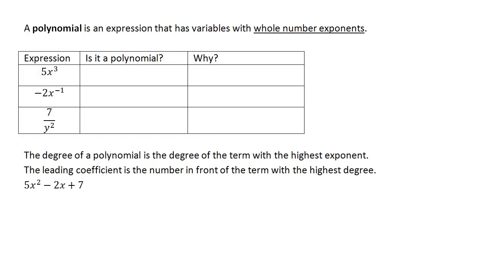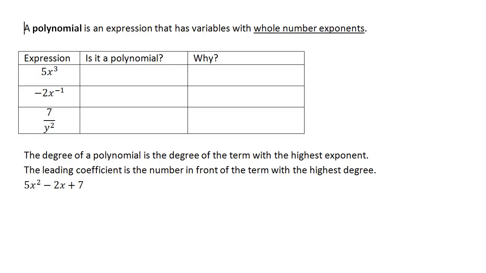So first of all, let's review what a polynomial is. Well, a polynomial is just an expression that has variables that have whole number exponents. And a whole number is a number that is positive and doesn't have any decimal or fraction or anything like that. So let's look at these three examples on the left here and consider which of these three is a polynomial.